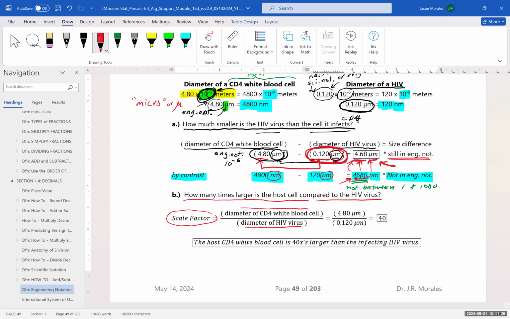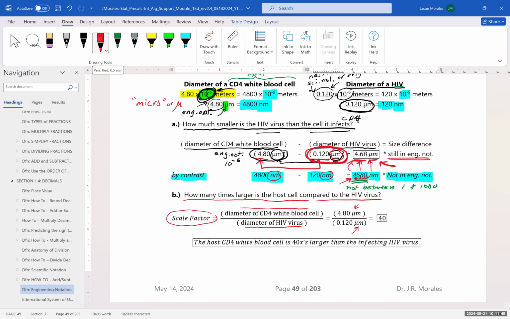We'd already converted the diameter of the white blood cell into micrometers, so that was 4.80 micrometers. And we converted the diameter of the HIV virus also into micrometers, so that was 0.120 micrometers.